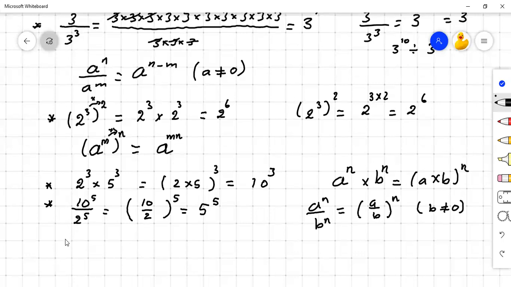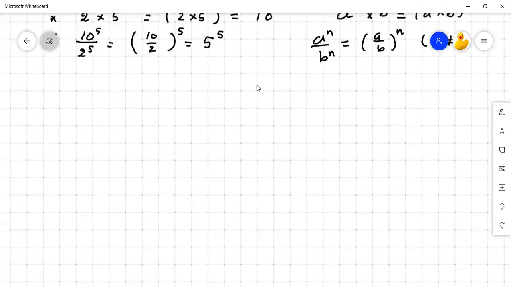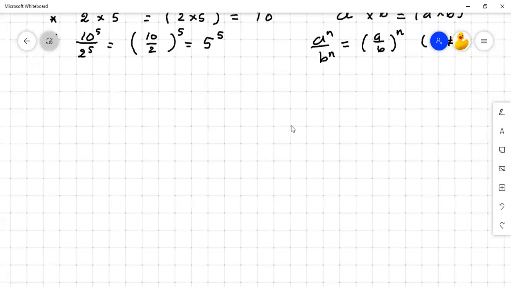Now these are the properties of the power. Let's prove that a exponent 0 equals 1. How to prove that a power 0 equals 1?